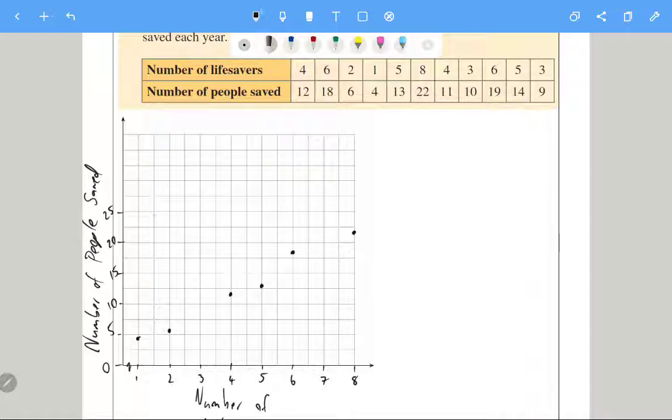Now this is the first time you'll notice that there are 2 above the 4. And that's perfectly fine. That's normal.